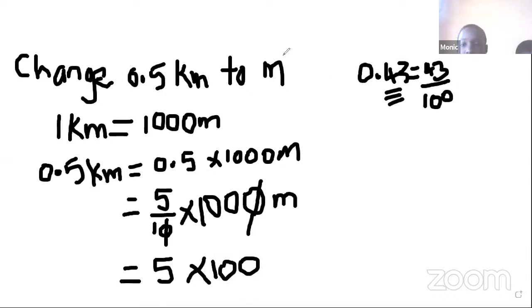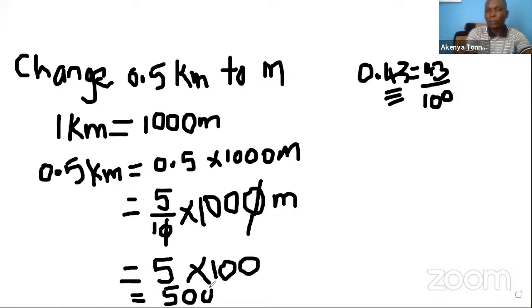Class, what is 5 times 100? 500. Thank you so much. So that is how we deal with decimal numbers.